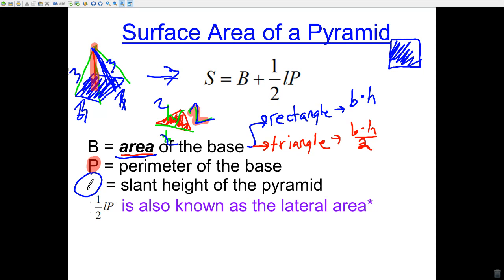We talked about that. This formula derives from when we take the base, get that, and then we're going to add 1/2 times the slant height times the perimeter, this stuff.